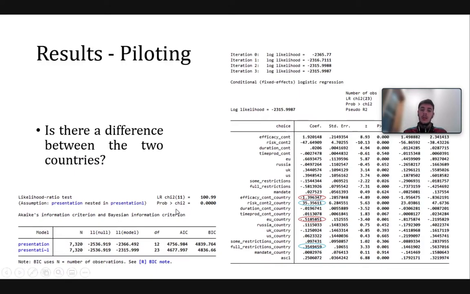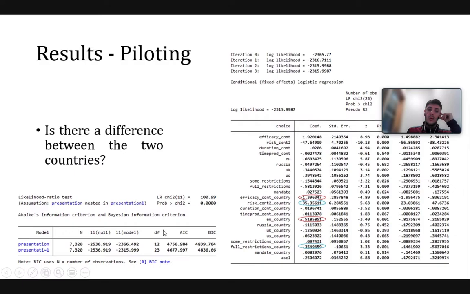And then you look at the distribution of the chi-square, right? So if the value is below the significance level, you will fail to reject the null hypothesis. So in this case, we can clearly see that we can reject at the 95% confidence level the hypothesis that these two models are equal. And we can see that adding the country variable, the country information, improves our model significantly.